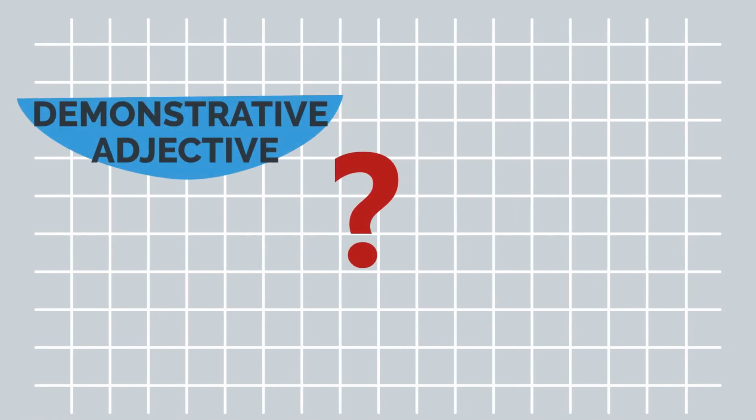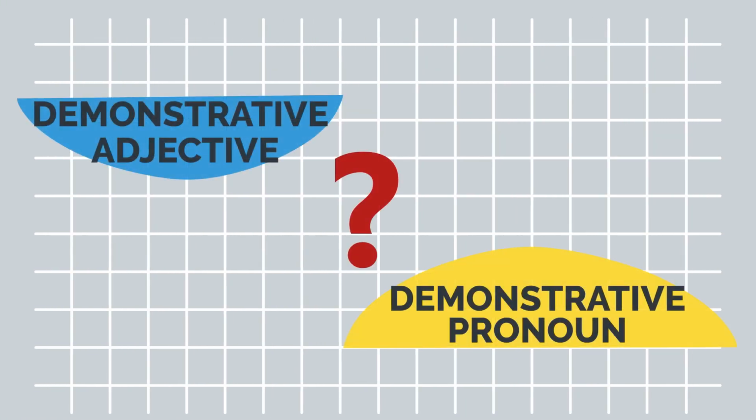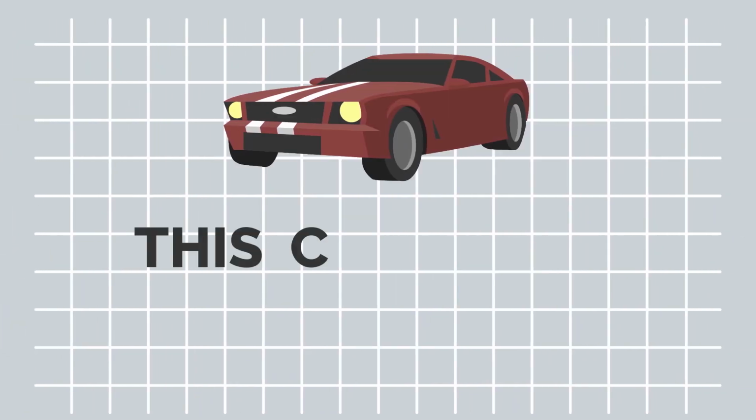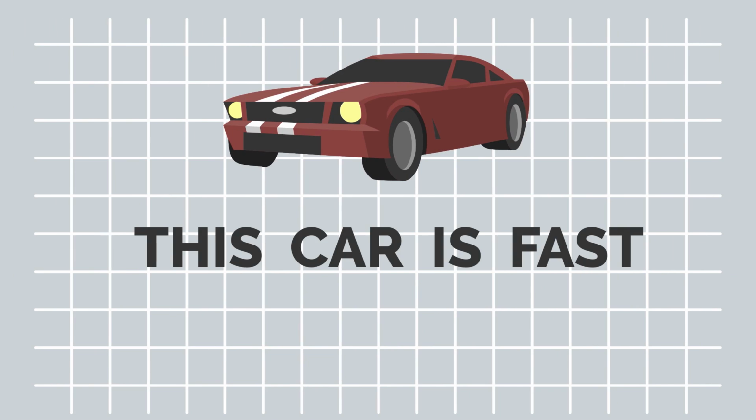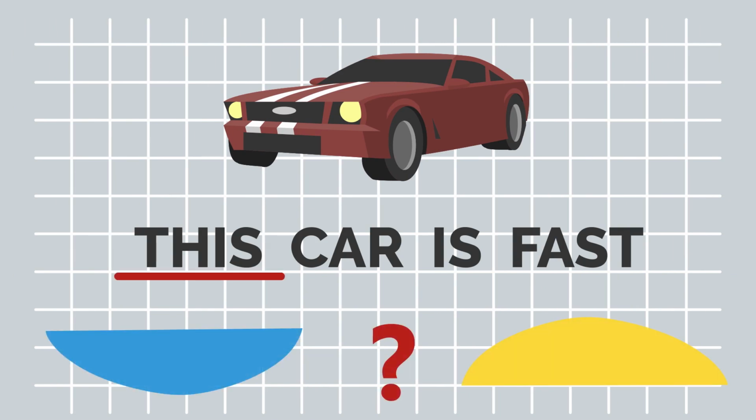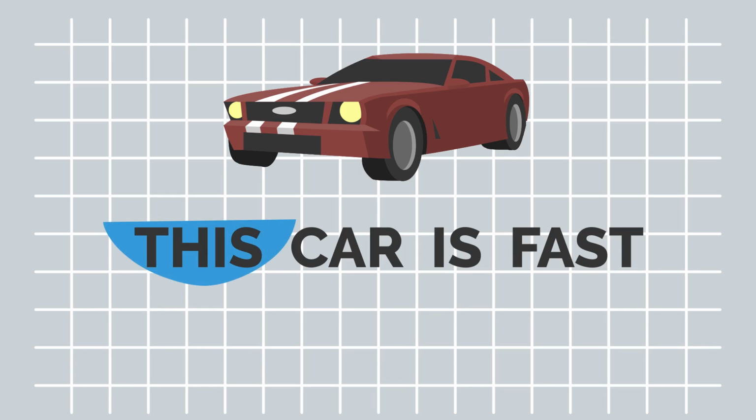Demonstrative adjective or demonstrative pronoun. This car is fast. This is a demonstrative adjective.